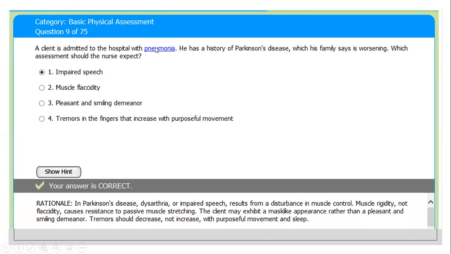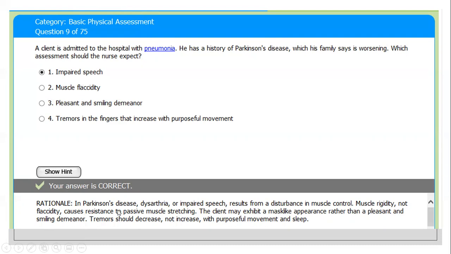Pneumonia means an infection of the lungs, characterized by severe cough with fever, chills, and difficulty breathing. Also, my patient has Parkinson disease and has impaired speech.